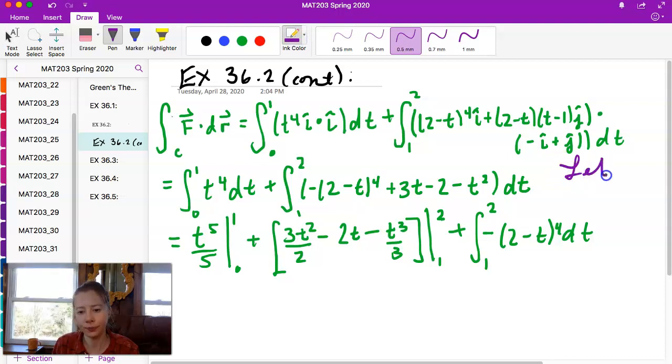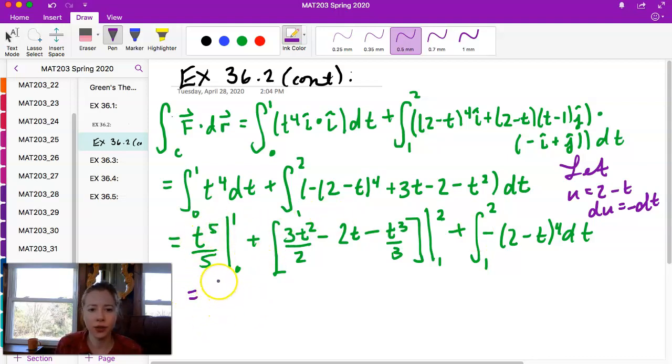So we're going to let u equal 2 minus t. So du is going to equal minus dt. And so we get this first one is 1/5, plus we have 6 minus 4 minus 8/3 if we plug in 2.